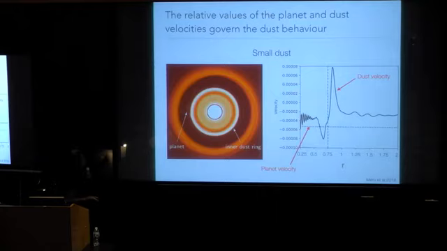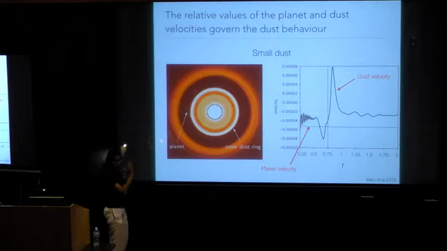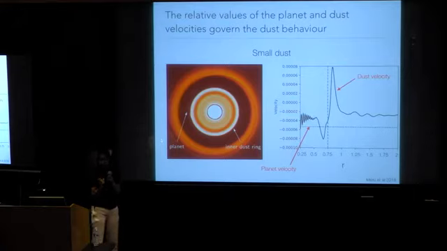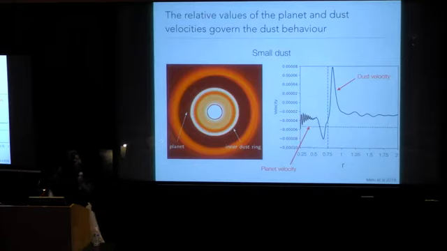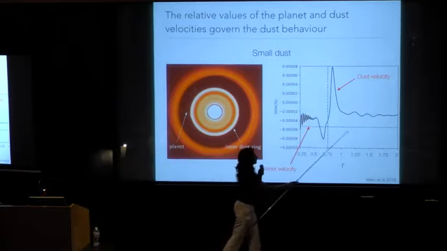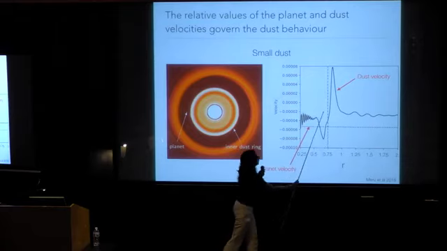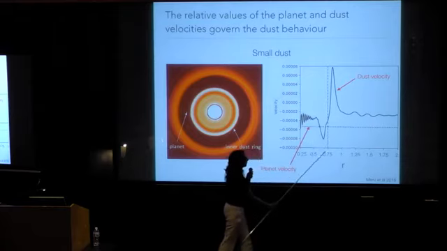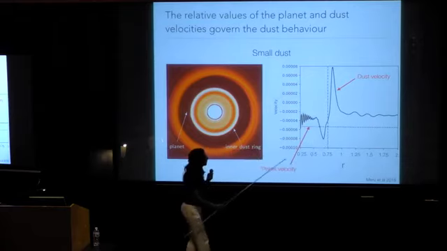Well, why does this actually happen? The answer is really to do with the relative difference between the planet's velocity and the dust drift velocity. So here what I'm doing is plotting the velocity of the planet. That's the dotted line. The planet is located at r equals 0.75.